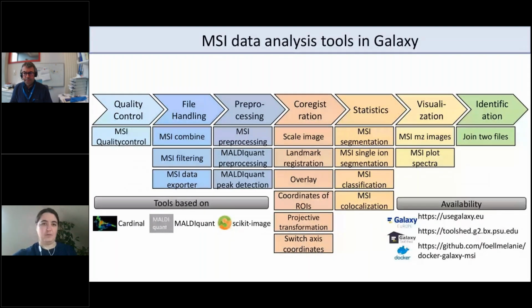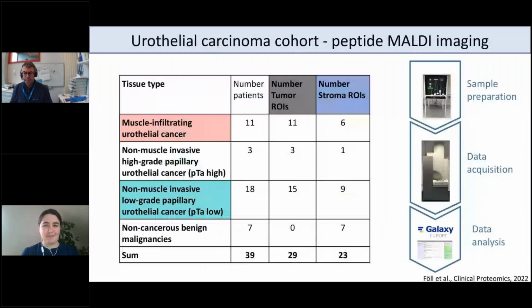Just a very quick outlook to finish up. So this is an example of peptide multi-imaging, but in the end, what I want to tell you is we had two types of cancers which we want to classify, and it doesn't really matter that it's now peptides.